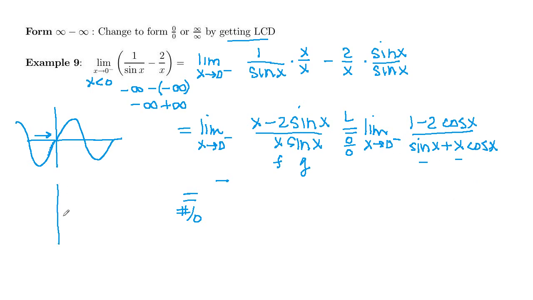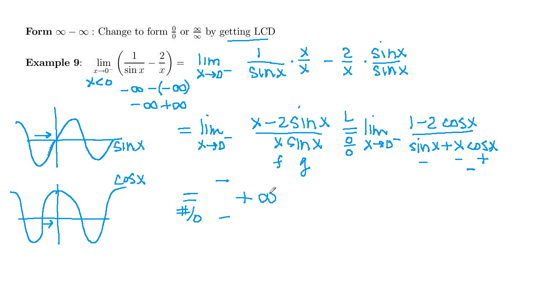Well, if you sketch the graph of cosine x, starts at 1, down to -1, back up to the top, and then goes the same thing in the other direction. So we're approaching 0 from the negative side. Our cosine function is positive. So negative times positive, this is negative. So negative plus negative, negative on the bottom. This is plus infinity.